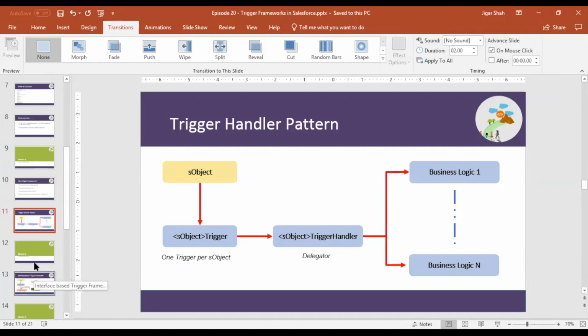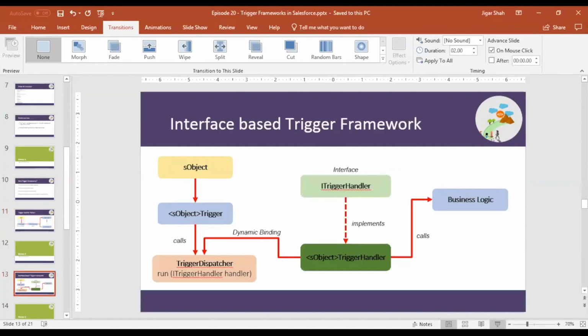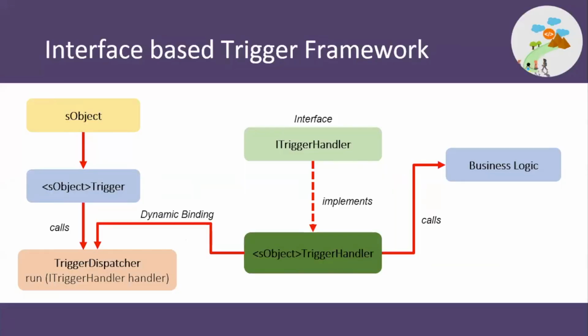Our next trigger pattern is a pattern which typically uses an interface and uses dynamic binding. Okay, and we'll just try to understand what this trigger pattern is. In this particular trigger pattern, there are quite a few moving parts, right?